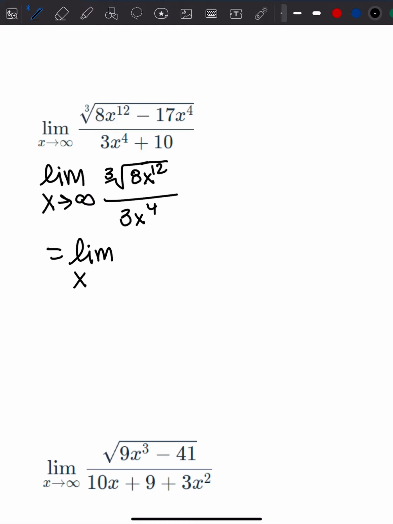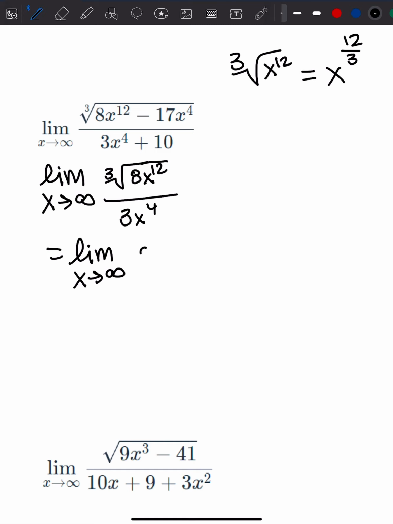To remind ourselves, fractional exponents come from when we take something like x to the 12th under a cube root and turn it into x to a single power. The number that always goes on top is the original power, so in this case 12, and the number that goes in the denominator is the root, so 3.